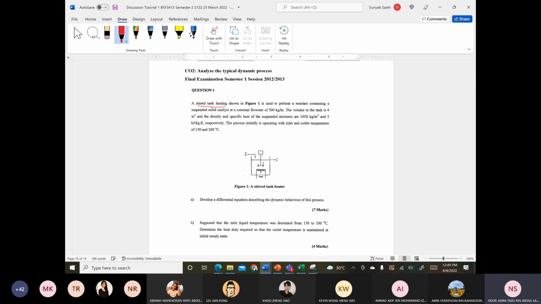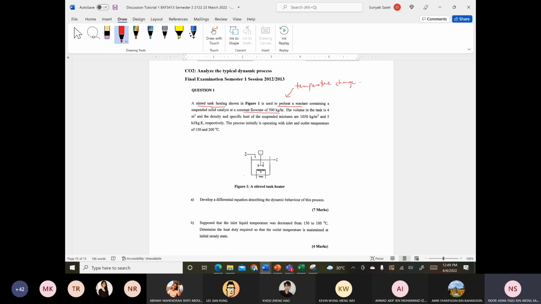When you have the preheat of the reactant, that means the temperature is going to change.